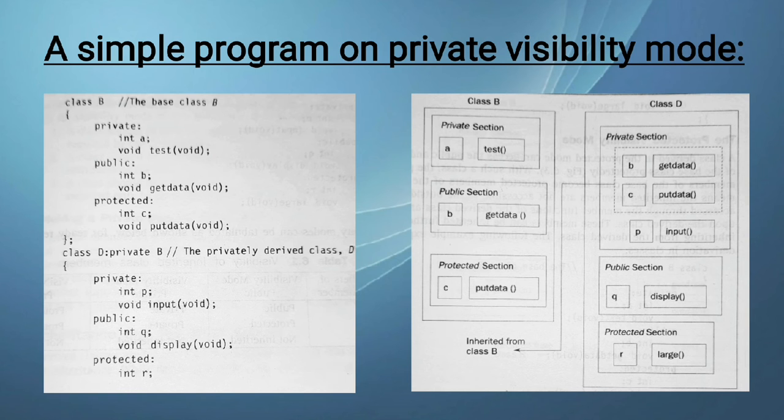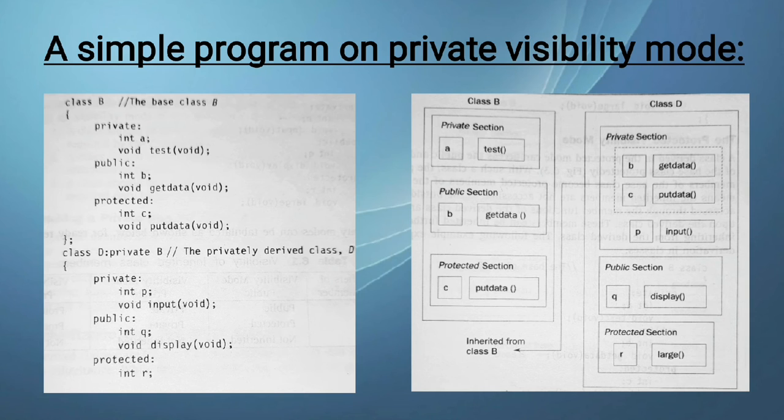Similarly, get data, put data and input cannot be inherited by the lower derived classes. As you can see there, Q and R belong to the class D. So that is about private visibility mode.